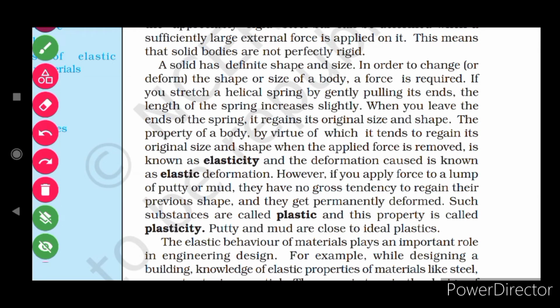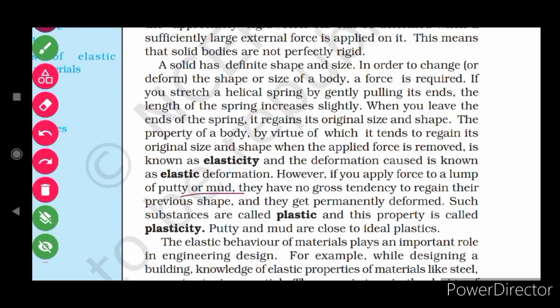Similarly, opposite to this, certain objects have a tendency not to regain their shape, for example mud or putty. When you apply a deforming force to clay, does it regain its original shape? No, it doesn't.